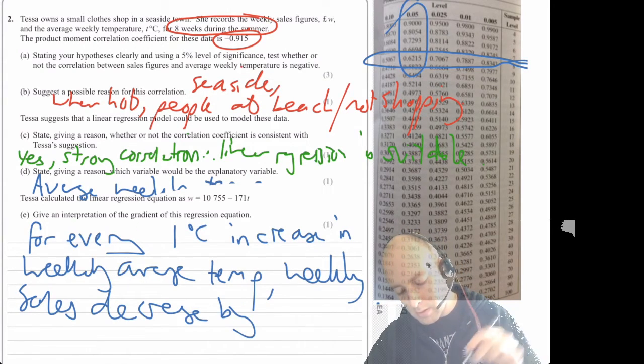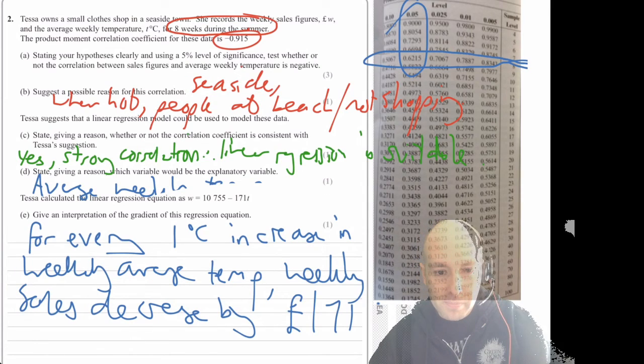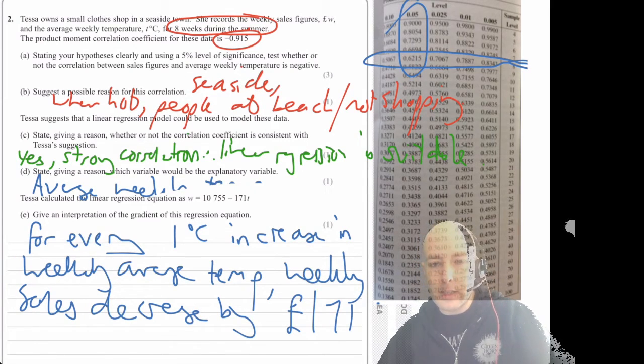That's pretty extreme, isn't it? So every degree in temperature rise leads to a drop in earnings of £171. Cool. So pretty easy question, but you have to understand what you're really talking about with these ones.